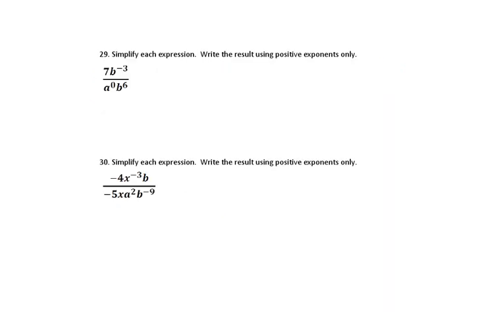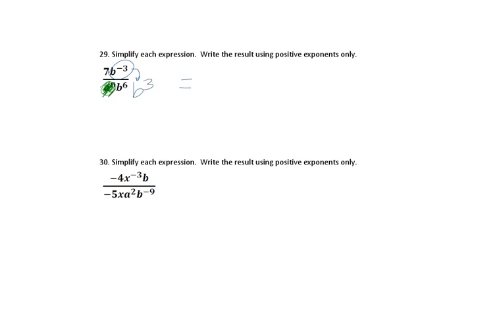Alright, 29 would like us to simplify. So, watch this. First of all, if you ever have anything to the power 0, it's equal to 1. And since you don't actually have to write 1, we can just ignore it. We don't need it. Next, if you ever have an exponent that's negative, you can change it to positive by moving it to the bottom.